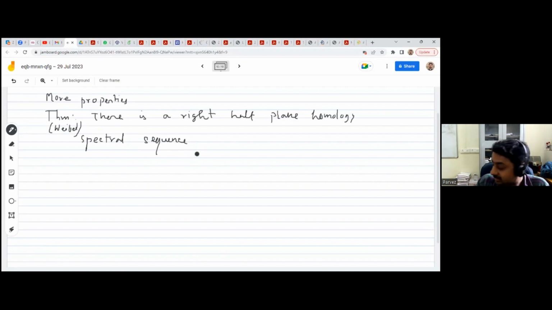So here the E1 page, homology index E1 pq is equal to Np. This Np we have defined last lecture.